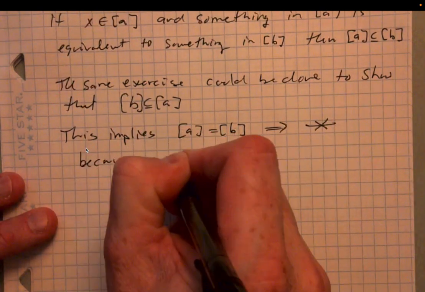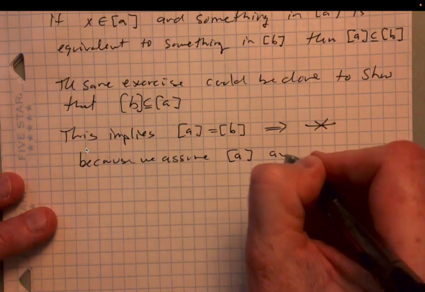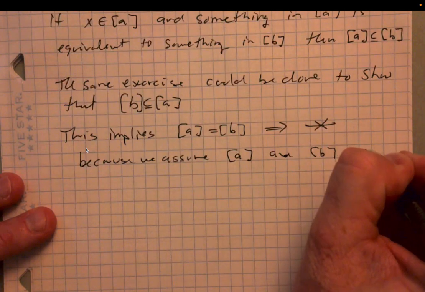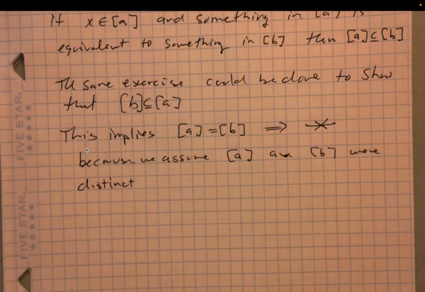because we assumed A and B were distinct, meaning they were different. They weren't identical, right? And so the problem obviously came into play as soon as we had something in the intersection.